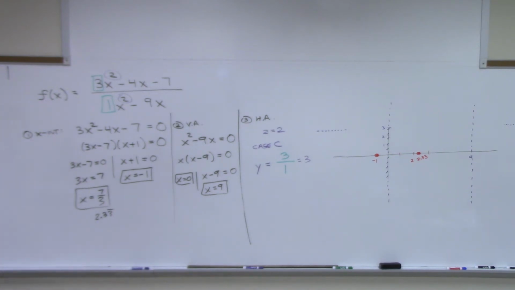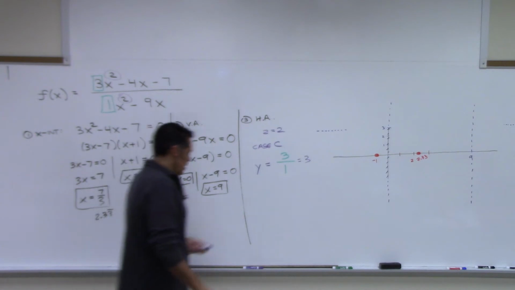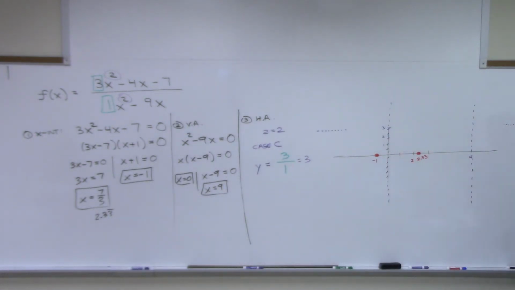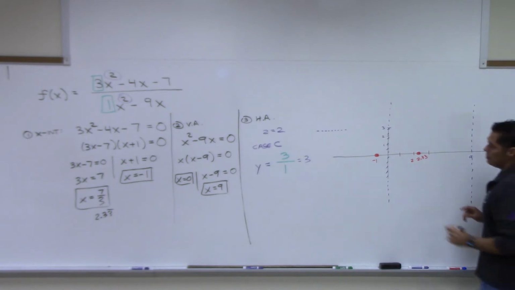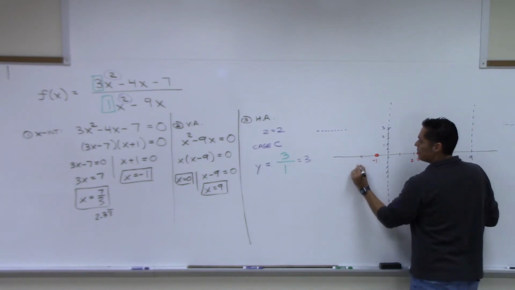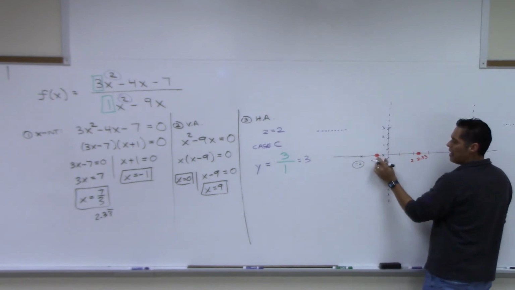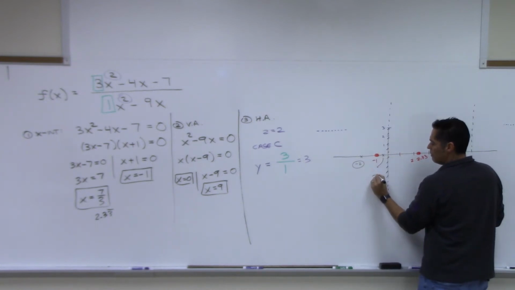Nice. What's next? Test points. I'm going to have 5 of them. So I need something over here. -2. And -0.5 again, right? Between this x and this vertical.